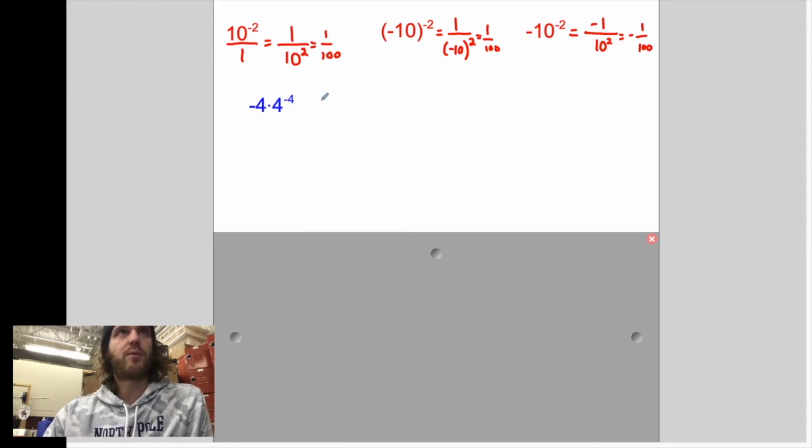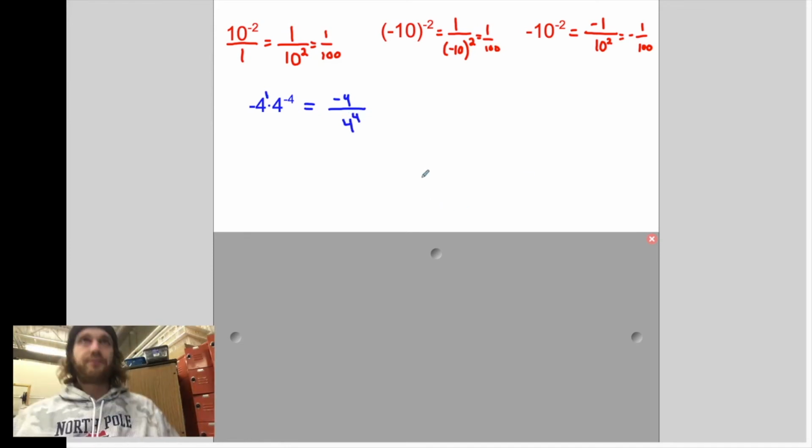I'm going to do this problem in 2 different ways. The first way that I'm going to do it is I'm going to leave this negative 4 in the numerator, and this is to the first power, so it's got a positive exponent, it's staying in the top. And this second one, I'm going to move down to the denominator, and I'm going to change the power to 4.